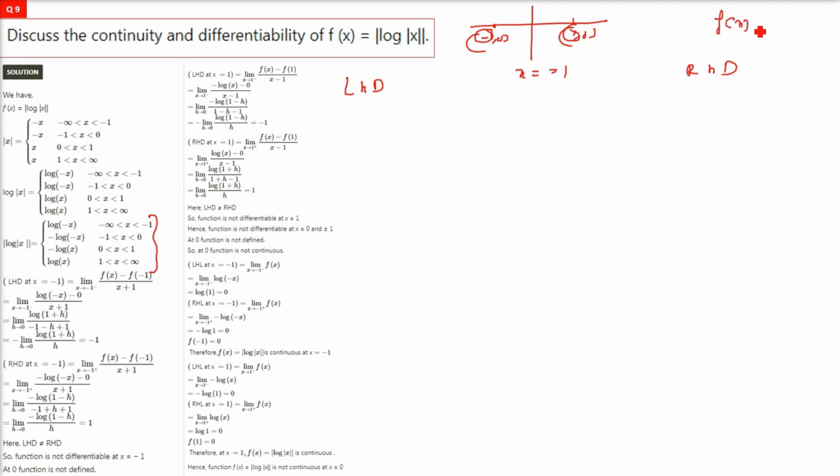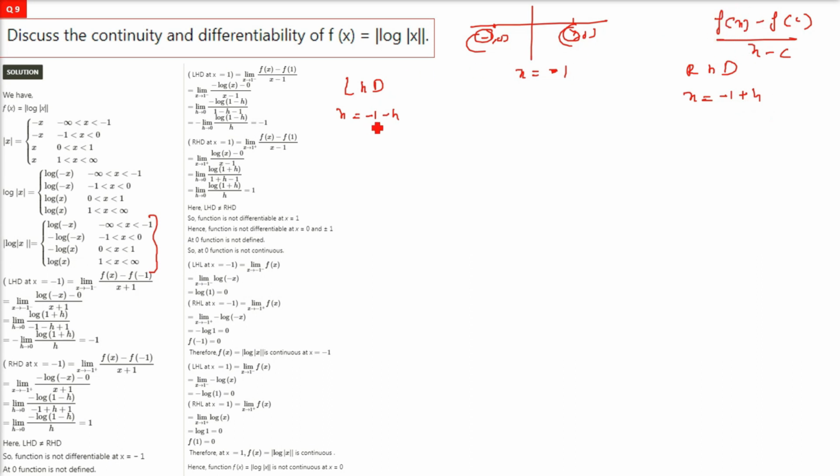The formula for differentiability is simply limit x tends to c of (f(x) minus f(c)) divided by (x minus c). So the same thing we are going to apply here. We are going to check at x equals negative 1. The left hand side of negative 1 is negative 1 minus h, and the right hand side is negative 1 plus h.